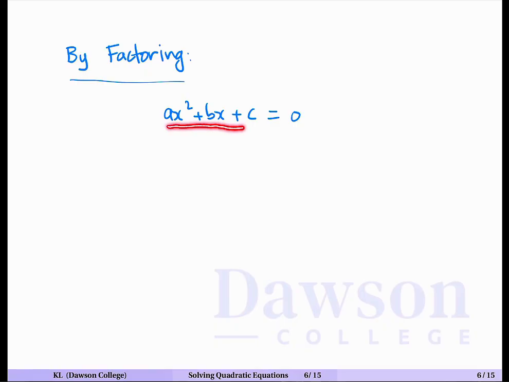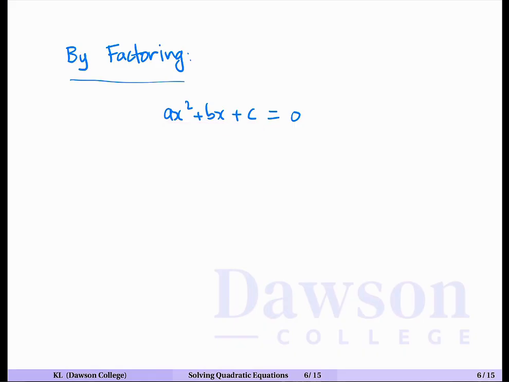Now, there is a third way of solving a quadratic equation. This one is by factoring. Of course, if you have ax squared plus bx plus c equals 0, it is possible that this expression can be written in factored form.